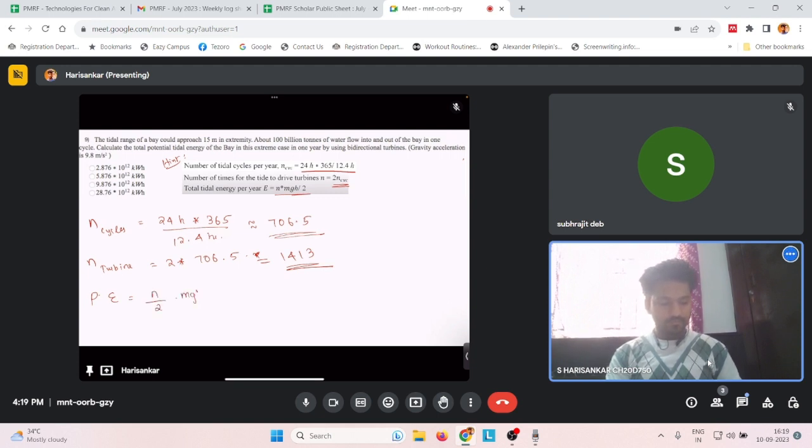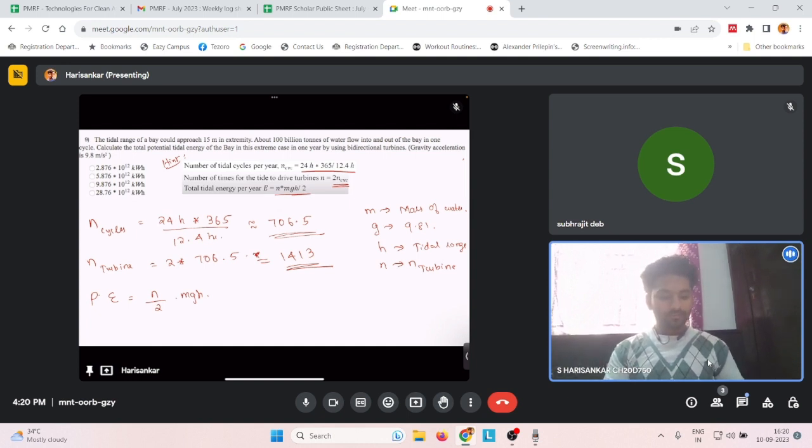So now the potential energy is basically n by 2 into mgh, where m is the mass of water, g is the gravitational force, h is the tidal range, and n is the number of times the turbine is driven.